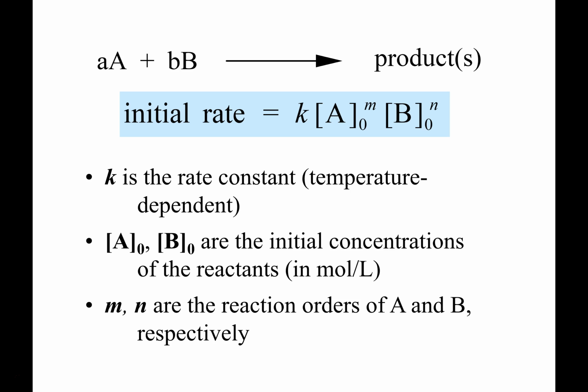Now, the m and the n are called reaction orders. m is the reaction order of the reactant A. n, as in Nancy, is the reaction order for the reactant B. But mathematically, I just think this is so cool.